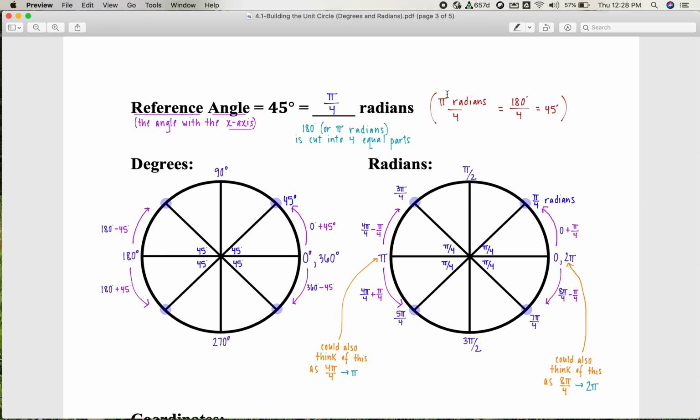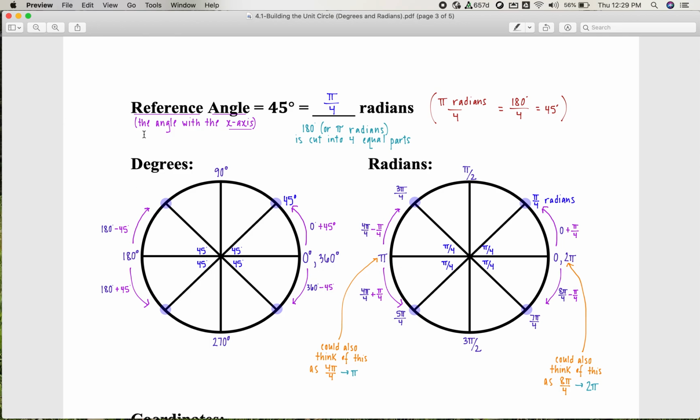So I can do that exact same thing and say I'm taking pi and cutting it into 1, 2, 3, 4 equal parts. And so the radian equivalent of 45 degrees must be pi over 4. So I'm expecting when I end up with radian answers for these 4 special locations that it's going to be some multiple of pi over 4, because all of those spots are some multiple of 45 degrees.